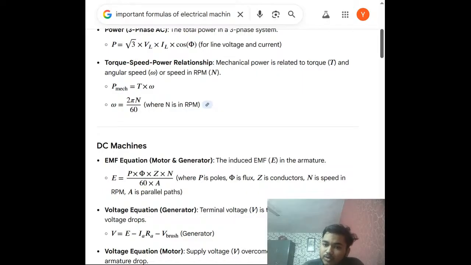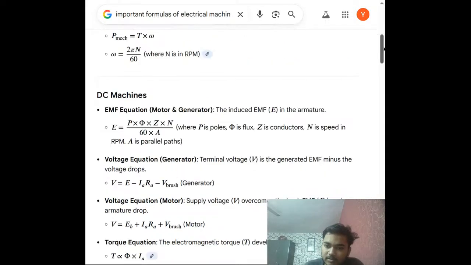Power equals torque into omega, where omega is angular speed, equal to 2 pi N upon 60, where N is the speed. Per minute, we use 60.